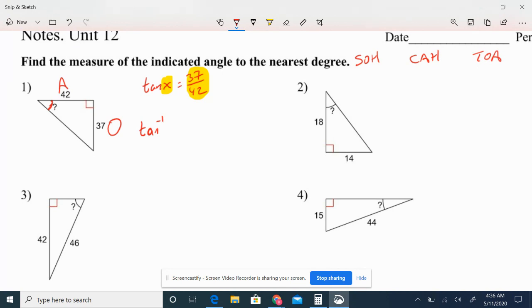You will find this little key on your calculator. You will have to press either second or shift before you press this. So the tangent inverse of 37 over 42 is equal to x. Once again, my fraction and x swap places, but instead of calling it tangent, I call it tangent inverse.